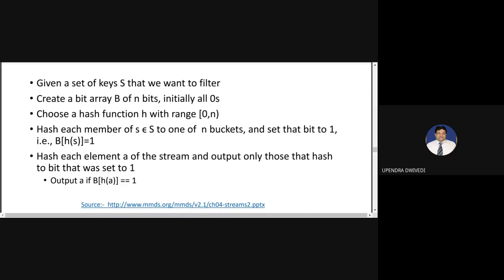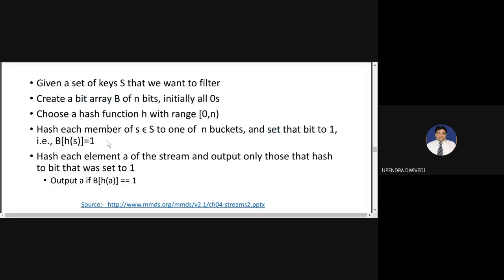Now, what will we do? We'll take the value of the hash of a single member s, and we'll take that value as a bucket. Bucket means here we take the location of the bit array. Suppose the hash of s1 is 6. So we go to the sixth location in the bit array B, and we change the 0 to 1. That is, we set that bit to 1.